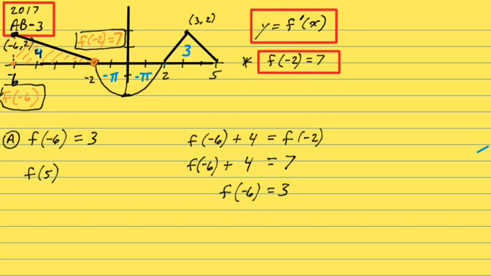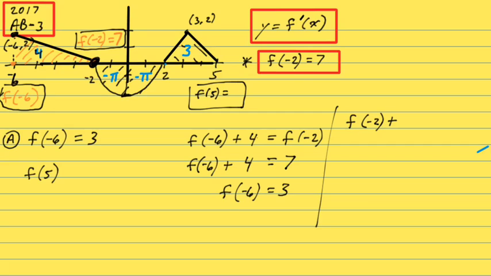Now if they want f of 5, I'm going to the right. They want us to find f of 5 over here now. So let's start at f of negative 2. Could I do f of negative 2, which starts here, add this area and this area, and I should end up with f of 5, correct?